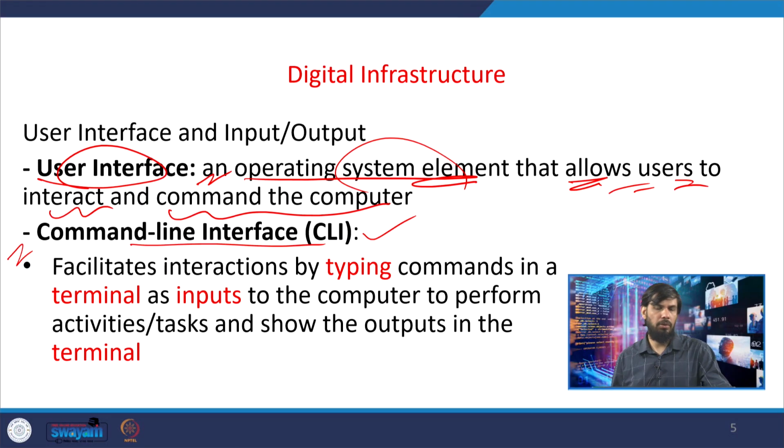Some precursors to the Windows operating system were also there, which started the graphical interface. But the command line interface continues to be there in many computing contexts, especially when you are working with a server through a terminal, and it is the CLI which is very commonly used. This facilitates interaction by typing commands.